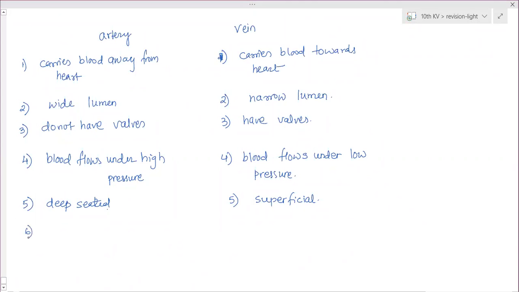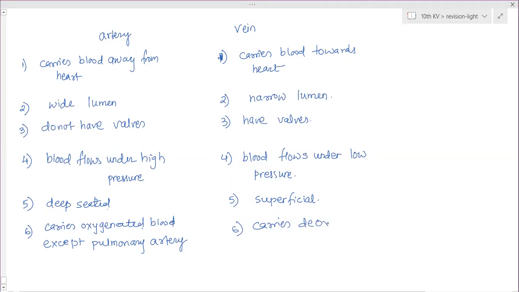And then lastly, arteries carry oxygenated blood except the pulmonary artery. Veins carry deoxygenated blood except the pulmonary vein.